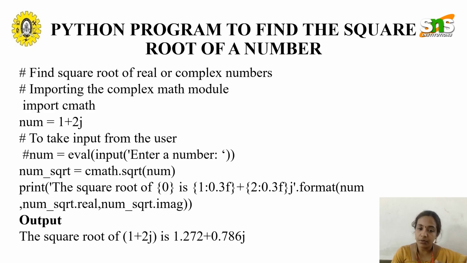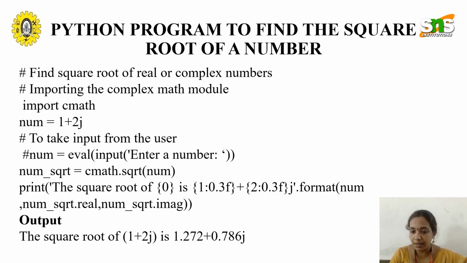The first, the real part, I have to display with 3 decimal places. The second, the imaginary coefficient, I also have to display with 3 decimal places, which is more important.